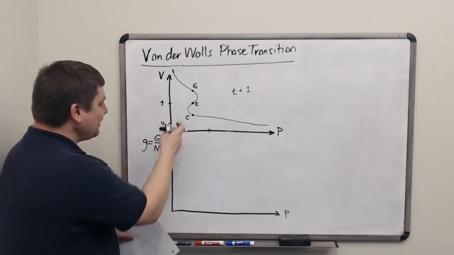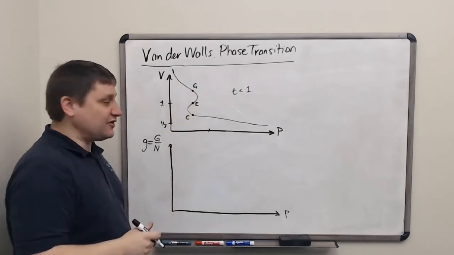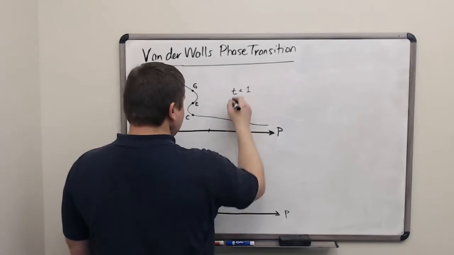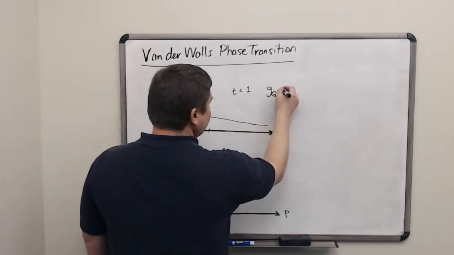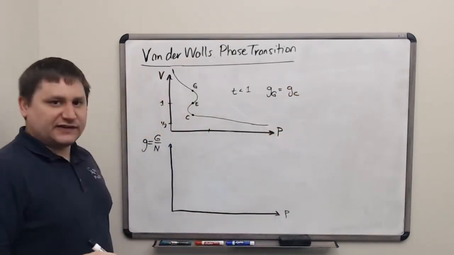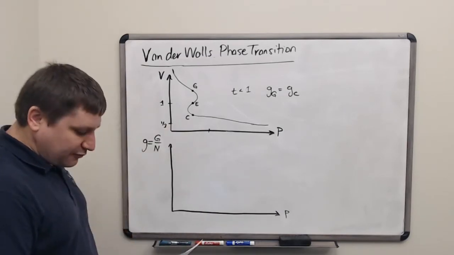Well, they must be somewhere in the region where there are 3 volumes for a given pressure. But furthermore, I'm going to stipulate that the Gibbs free energy at location G and the Gibbs free energy at location C are equal. This is possible, as we'll see in a bit, but it will help us to define where these points are actually located.